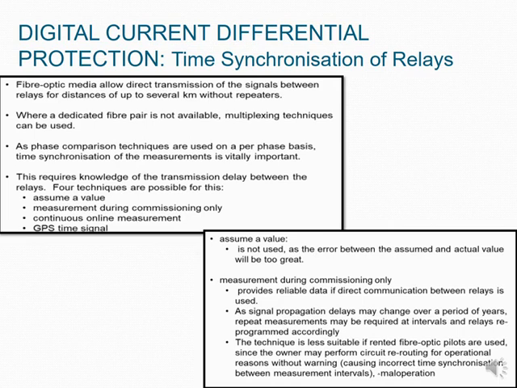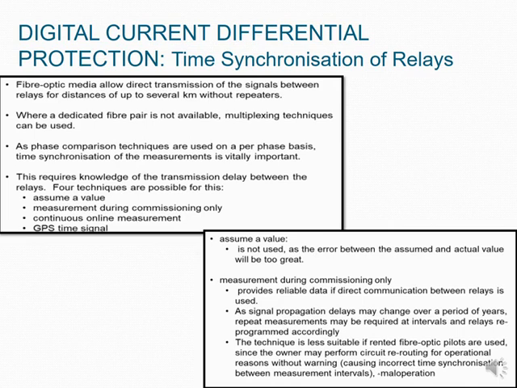I know of instances where you can go 150 to 200 kilometers without having repeaters, but once you start having those long distances, you would want to have a repeater station somewhere in the middle so that you can be sure that your signals are going even further and that their time is synchronized properly.